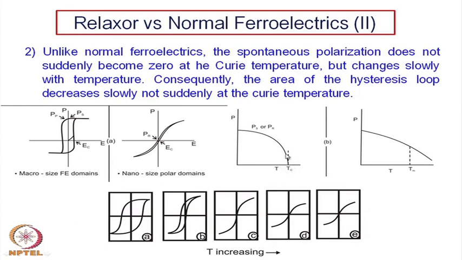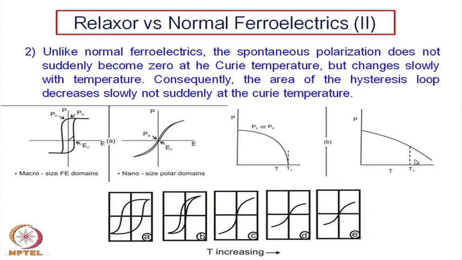Whereas, when we look at the variation of the spontaneous polarization as a function of temperature in relaxor ferroelectrics, it is a much shallower, much more gradual change, and it remains beyond the Curie point.